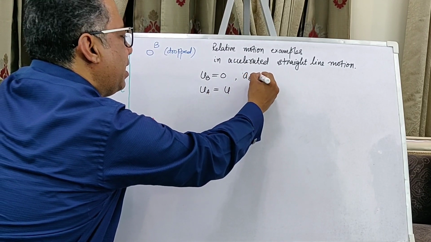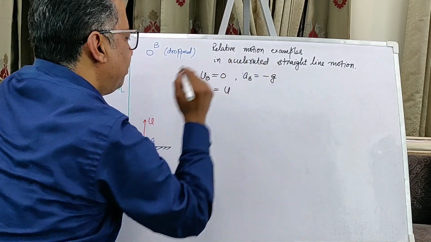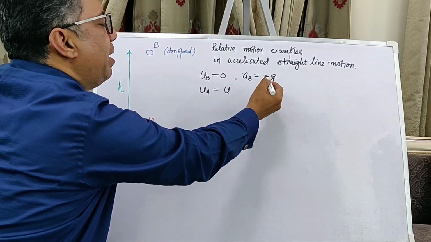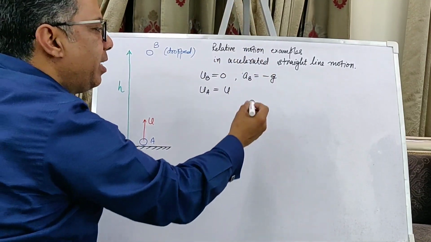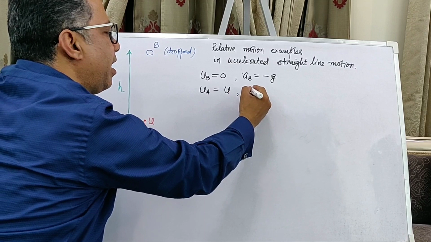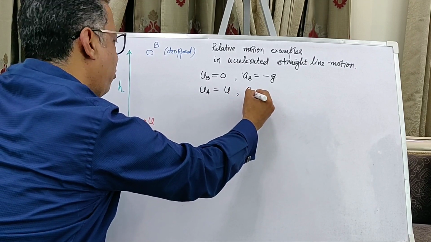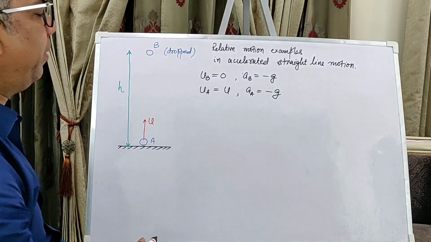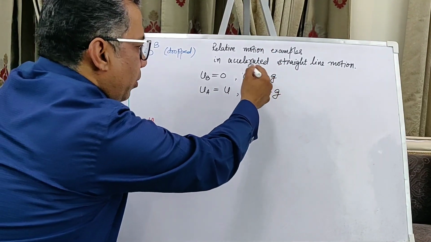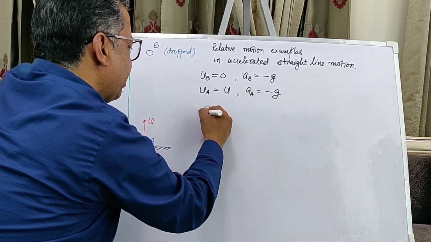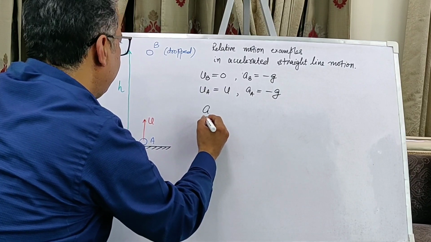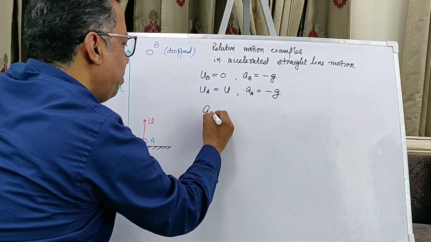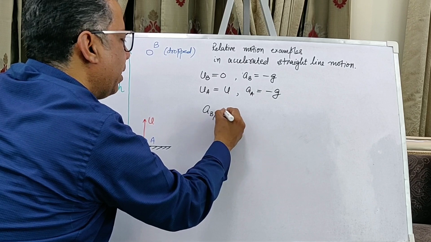Acceleration of B is minus g, the acceleration due to gravity, minus because it's in downward direction, which is negative direction. Acceleration of A is also minus g. Now, looking at accelerations, what is the acceleration of B with respect to A?